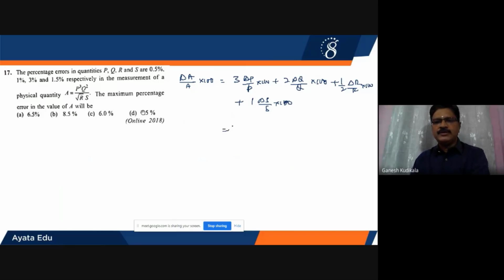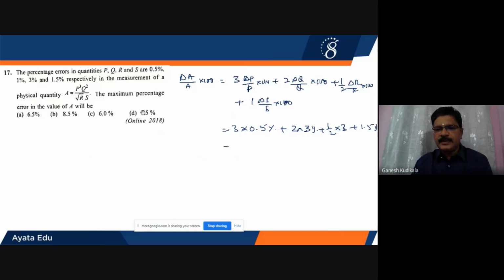So let us substitute the values. 3 into the P variation, 0.5%, plus 2 into delta Q by Q, which is 3%. And it is half into R, which is 3%, plus S, which is 1.5%.